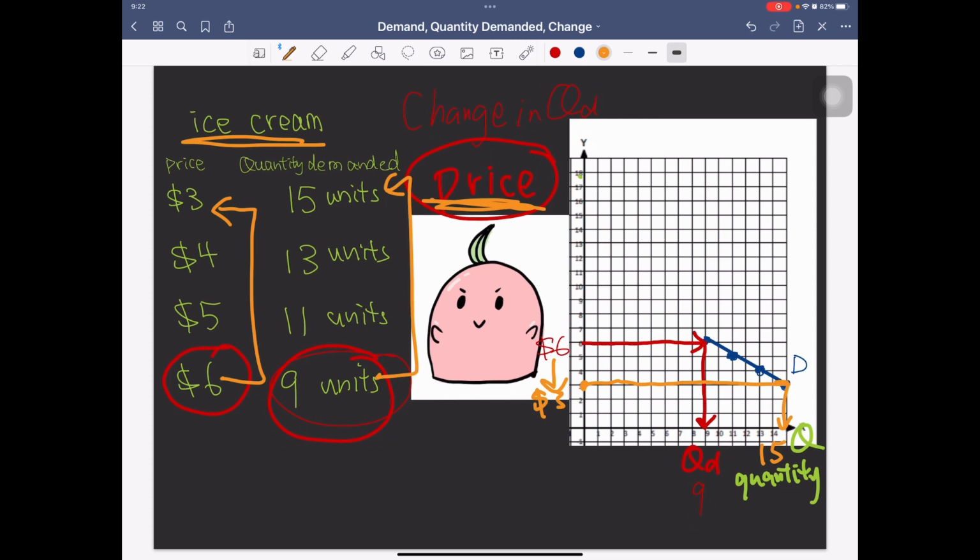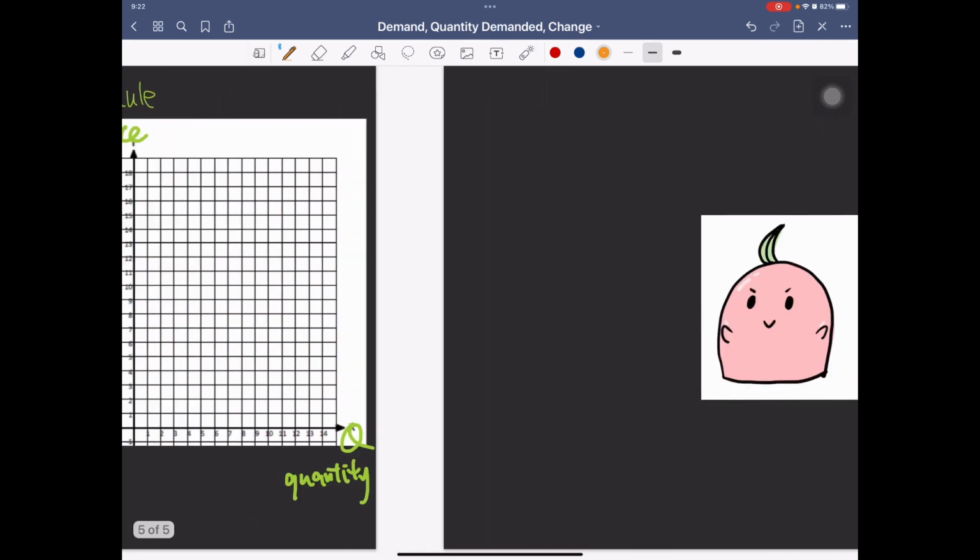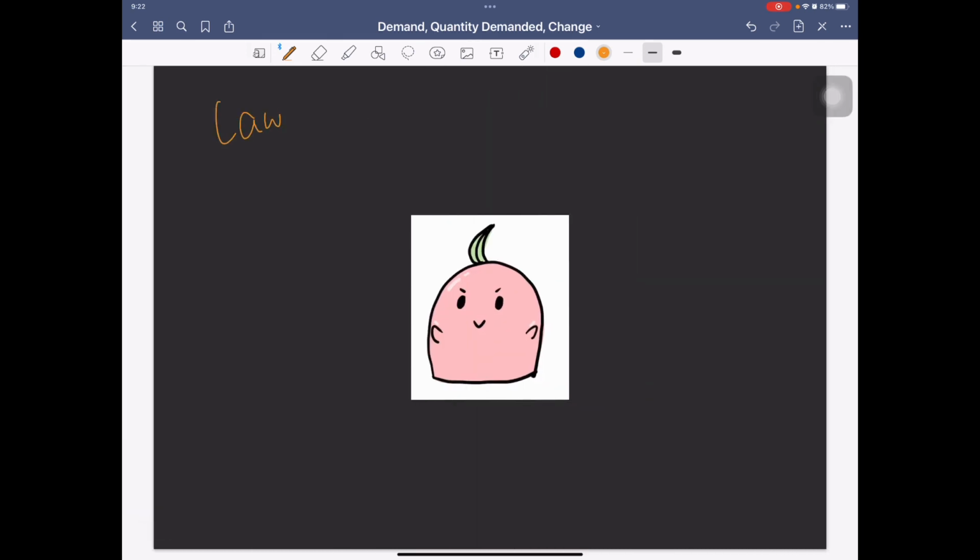Since we have this downward sloping demand curve, which represents the negative relationship between the price on the y-axis and the quantity on the x-axis, economists have concluded there is a law of demand.